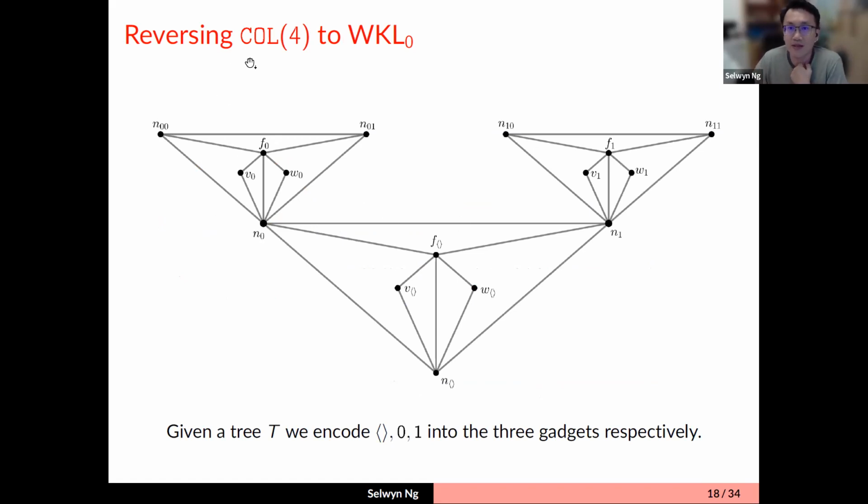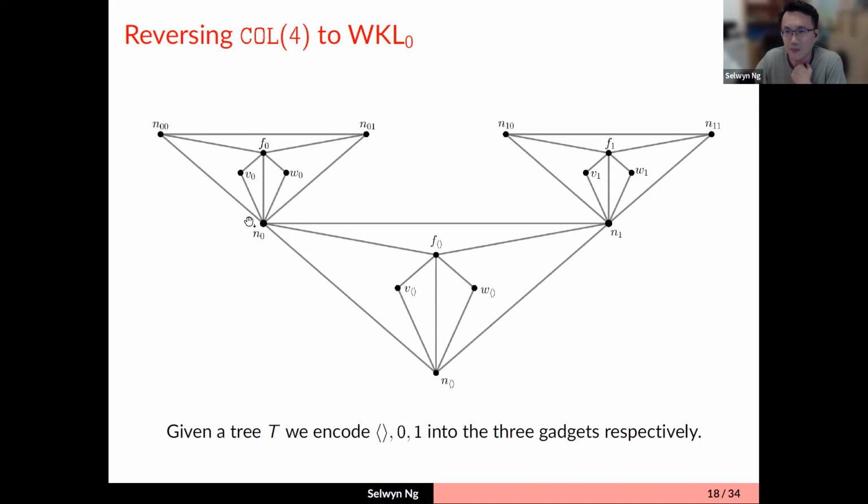What we have to do is that given a tree, we want to encode the tree as a graph. So we repeat this particular gadget with N0, N, the empty string, N1, and this F, and this V and W here, these six nodes, and we repeat them by connecting them to this vertex N0.